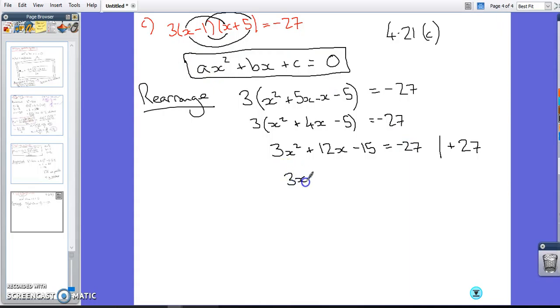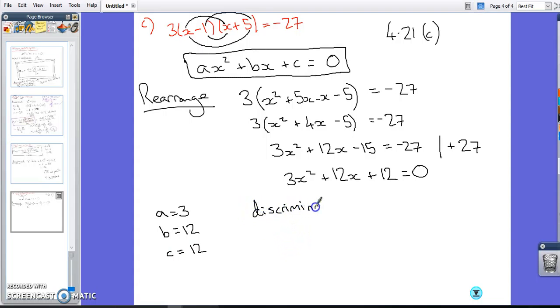So that gives me 3x squared plus 12x plus 12 equals 0. So now I know that A is equal to 3, B is equal to 12, and C is also equal to 12. So let's see then what our discriminant looks like, because that might help us to save a little bit of work.